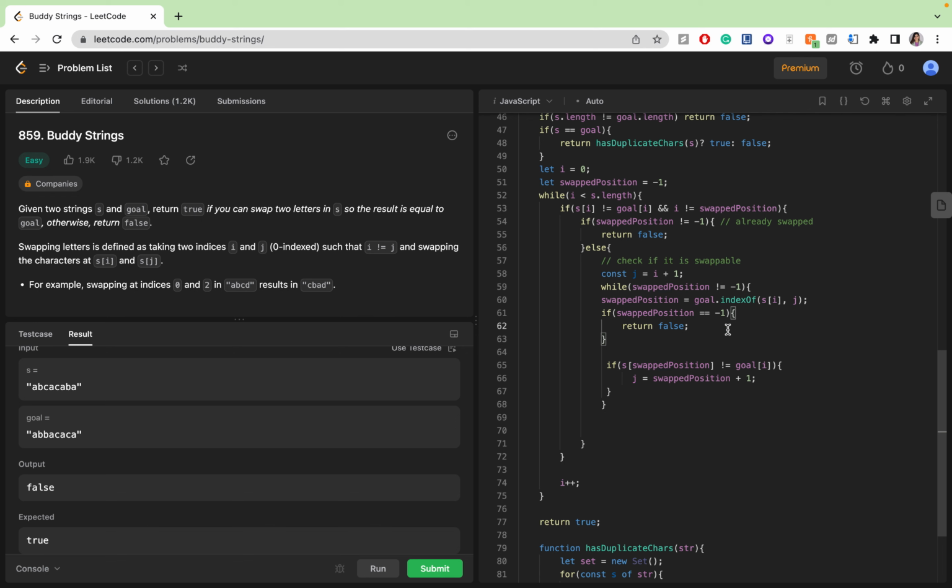Then return false immediately. If they are not equal, then I will try to sort from another position, right? I will continue until J is less than that length.